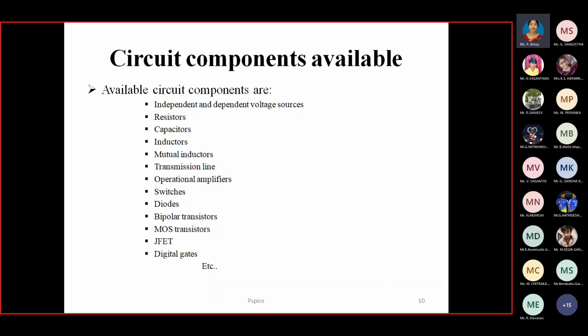Some are independent and dependent voltage and current sources, resistors, capacitors, inductors, mutual inductors, transmission lines, operational amplifiers, switches, diodes, bipolar transistors, MOS transistors, JFET, MOSFET, digital gates, and so on. Different types of digital ICs are there, which have different kinds of circuits. So we can use them in our digital application related demos.